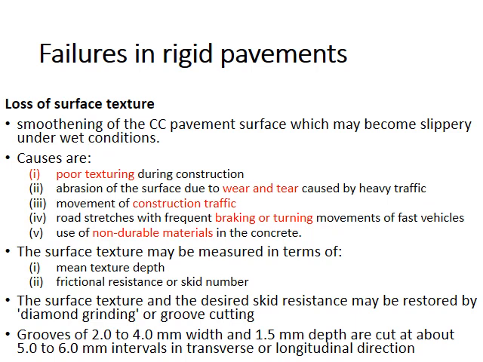Then the surface texture can get abraded due to wear and tear and become smooth, or due to construction traffic. Construction traffic refers to graders, rollers and heavy equipment moving over the pavement surface during the road construction process. There may also be road stretches with frequent braking or turning movements, that is, heavy wheel loads moving constantly, so that the road surface becomes extra smooth.